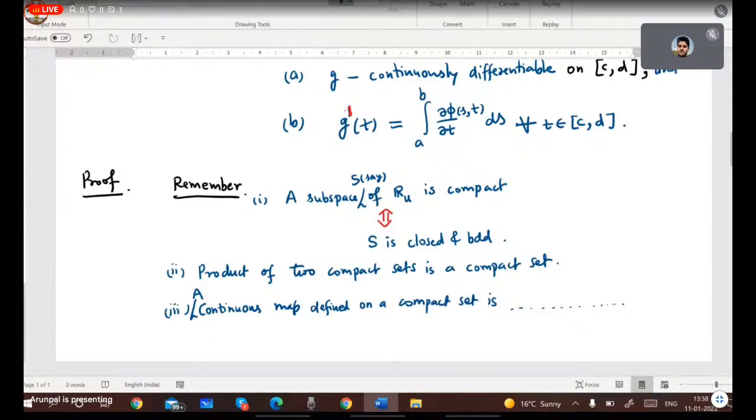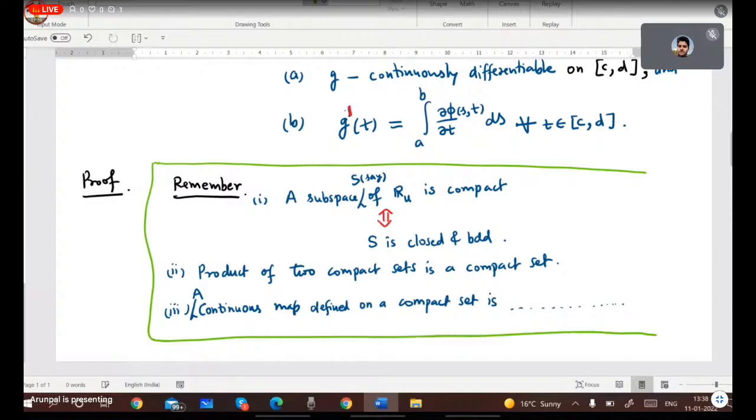A continuous map defined on a compact set is... Who will tell me? Bounded, sir. Oh my God. Bounded.